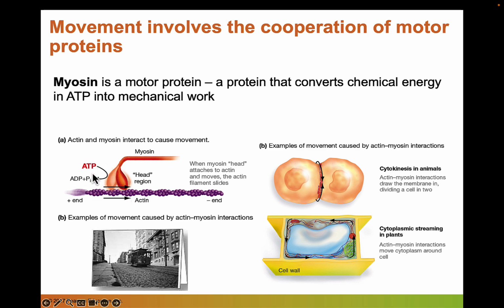It'll start pulling the rope towards the plus end. And so the cargo and myosin will eventually move towards the plus end. And again, as I mentioned, this is really important for movement, but also for cytokinesis and for cytoplasmic streaming in plants that you observed in the Elodea.